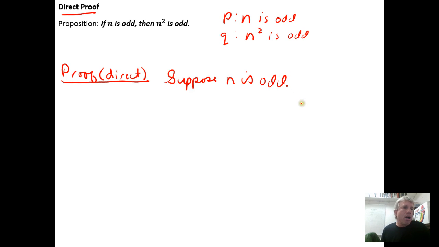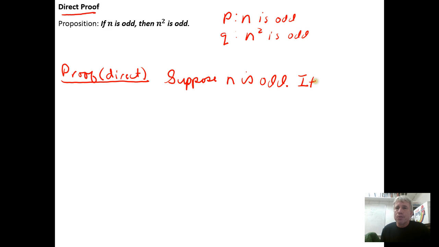Then we need to do something with that. We need to think about, what does it mean to be an odd number? Well, to be an odd number, we know that when you divide an odd number by 2, you get a remainder of 1. So we're going to rewrite n in that form. So suppose n is odd.